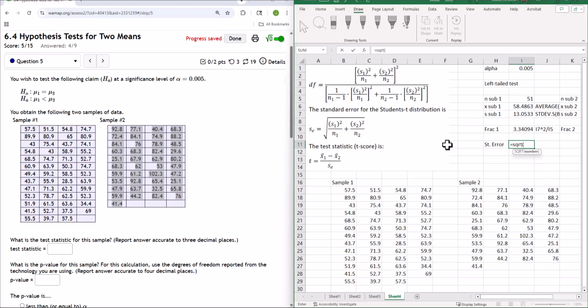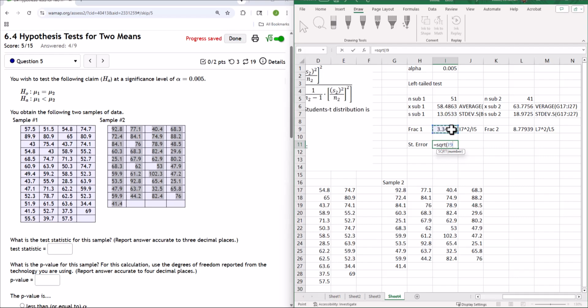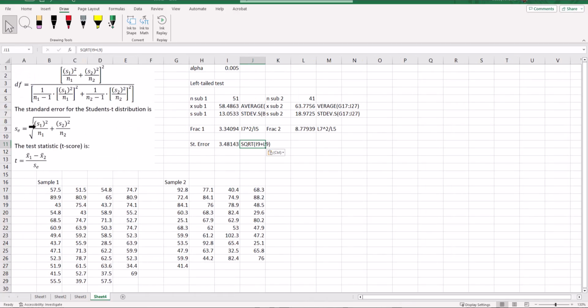So the standard error is the square root of the sum of these: this guy plus this guy. That's where we get fraction 1 and fraction 2.